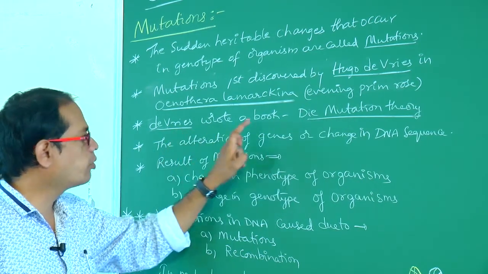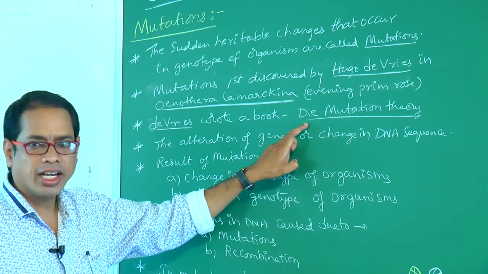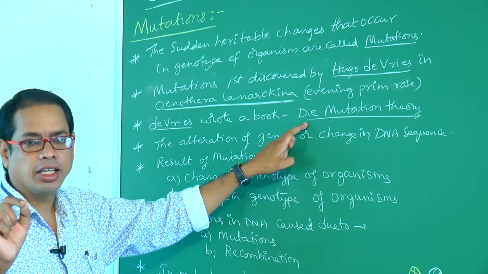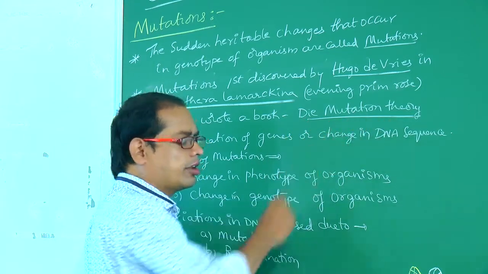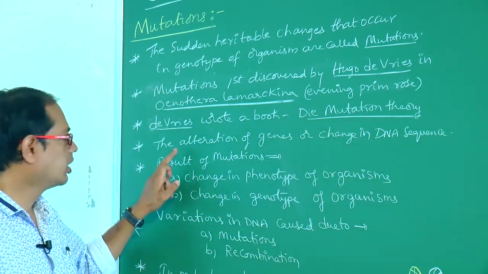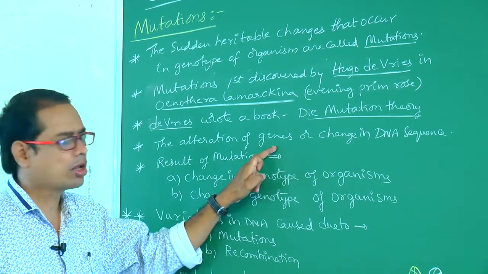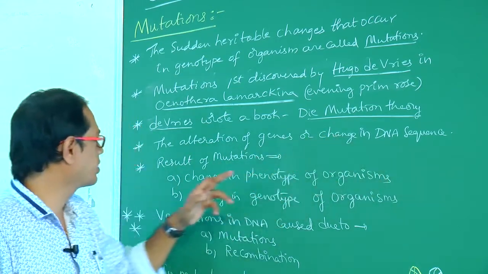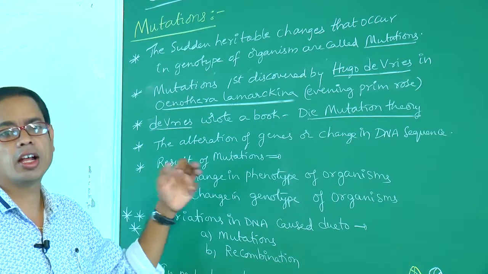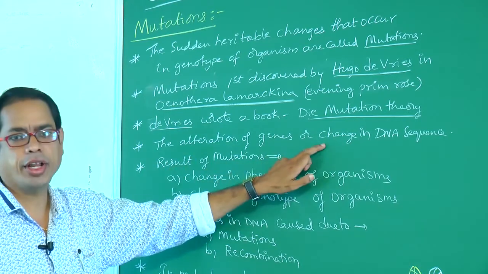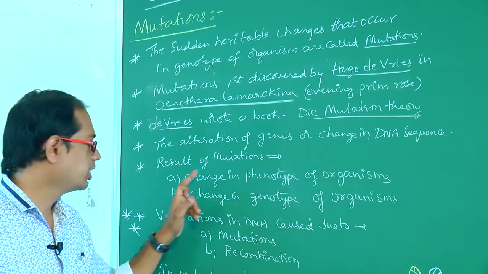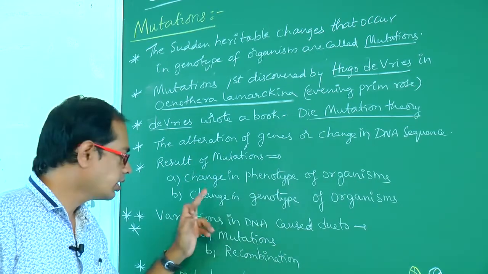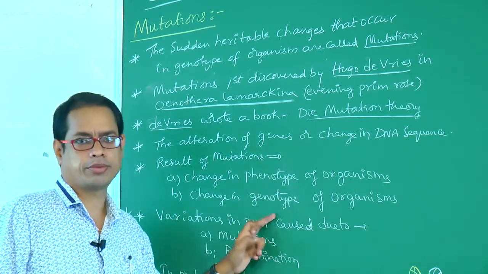De Vries wrote a book called The Mutation Theory. Next, the alteration of genes or change in DNA sequence occurs during mutations. The results of mutations are change in genotype and change in phenotype.